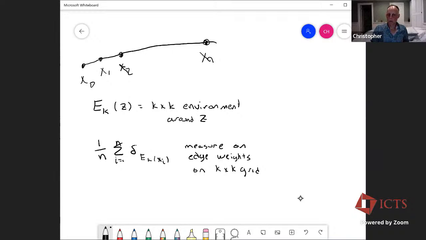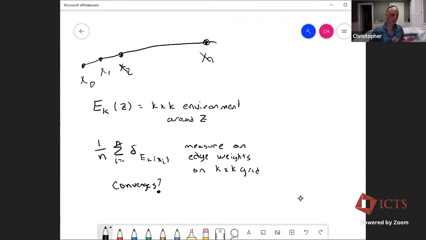And I don't know if this converges. I would be really happy if it converged. But I don't know that it converges. And then I would like to not just look at k by k grids, but once I know whether this converged, look at larger and larger k.